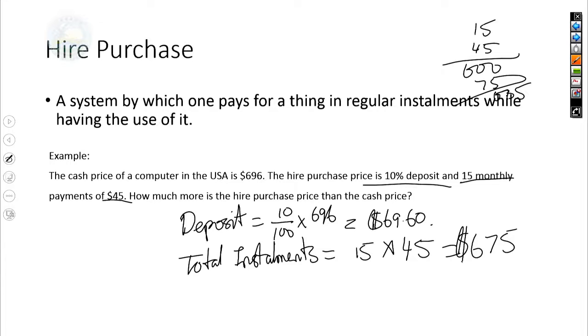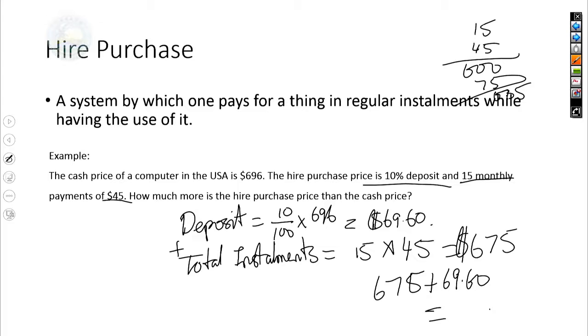So how much in all do you end up paying for the laptop or the computer? Well, you pay your deposit and all those installments. So we end up paying $675 plus $69.60. And how much is that?